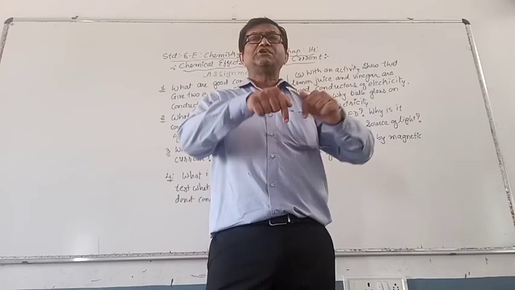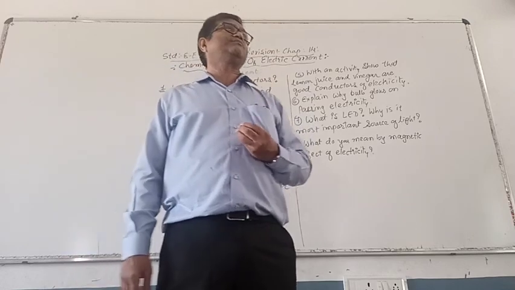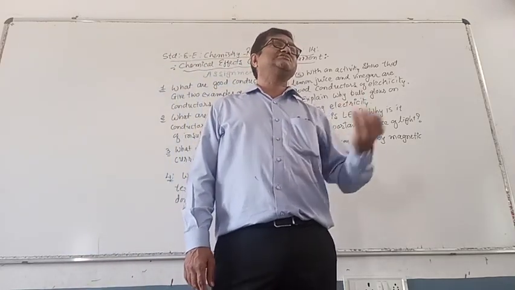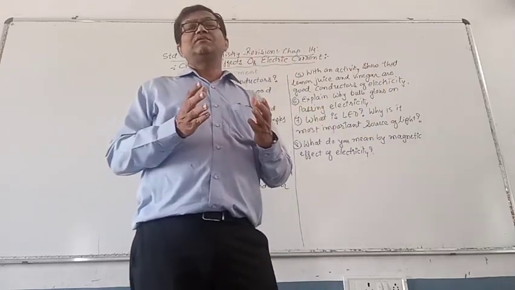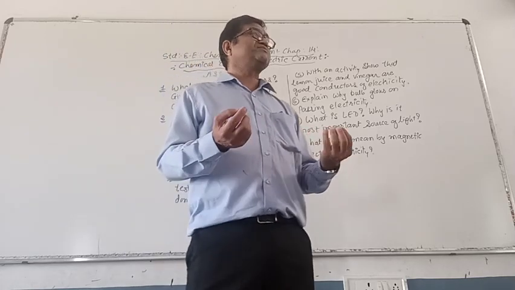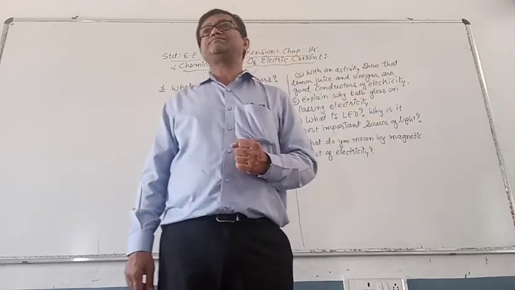When you put the two ends in that liquid and if the bulb glows, then we can say that material is the conductor. But if the bulb does not glow, then we can say that this liquid is an insulator.